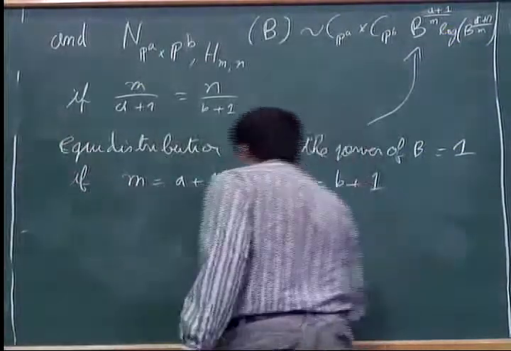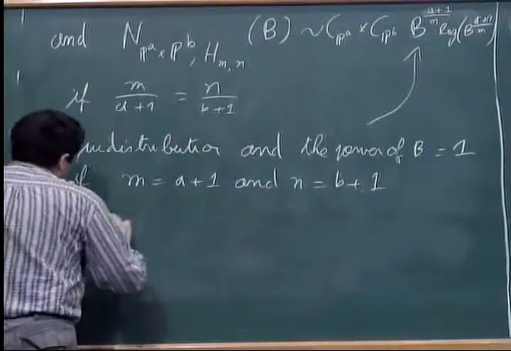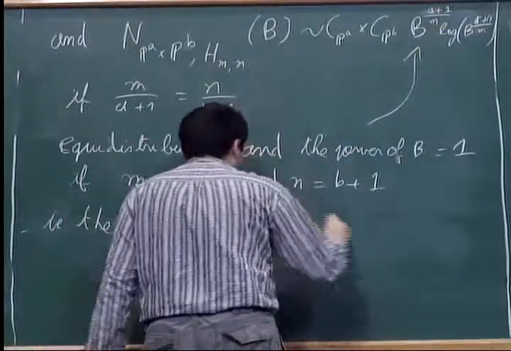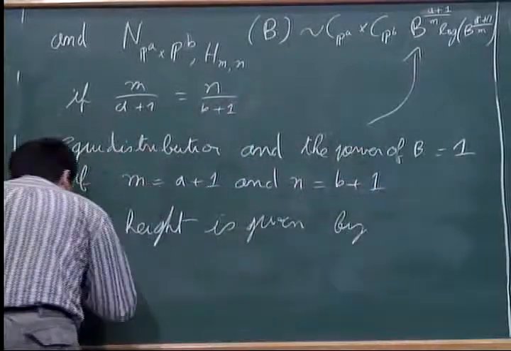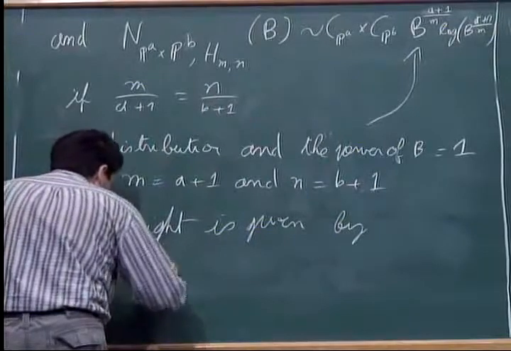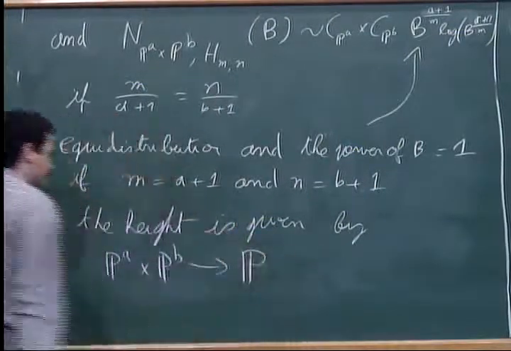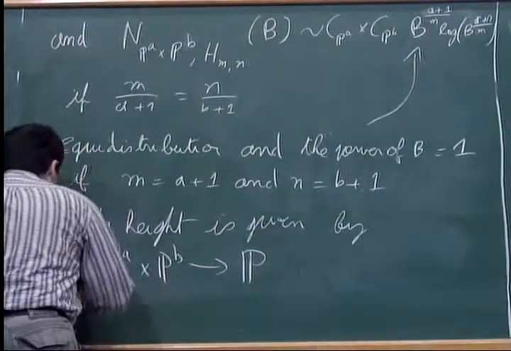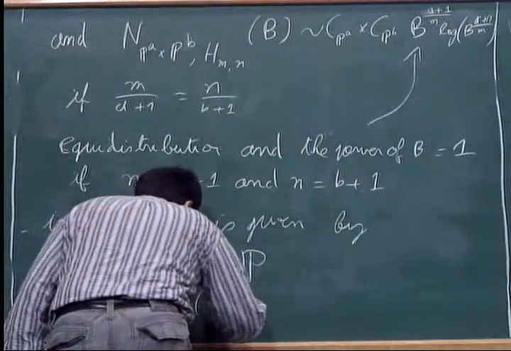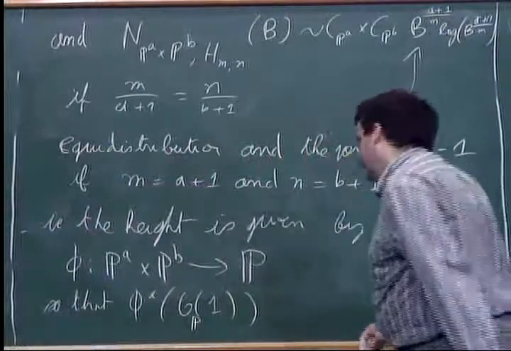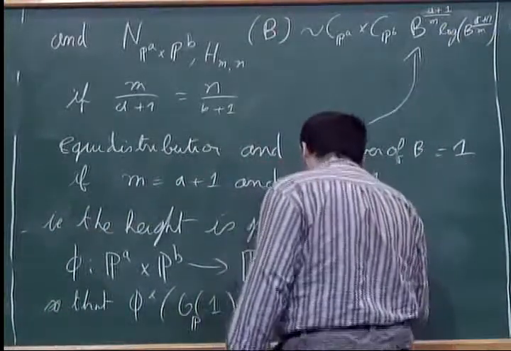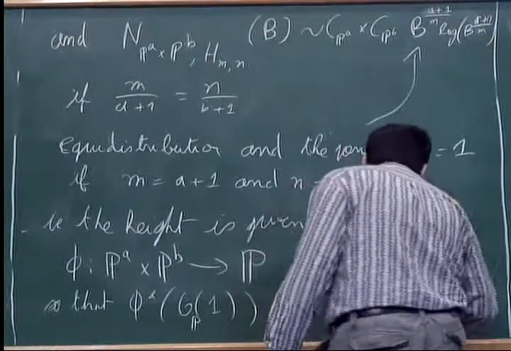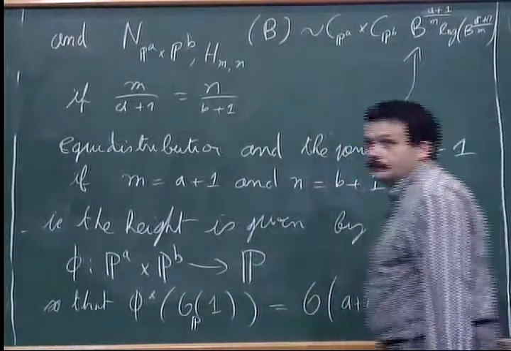This means the height is given by the embedding of P^a times P^b into some projective space, so that the pullback of O(1) on this projective space is equal to O(a plus 1, b plus 1), which is the opposite of the canonical line bundle.